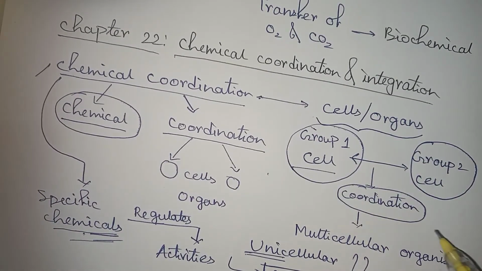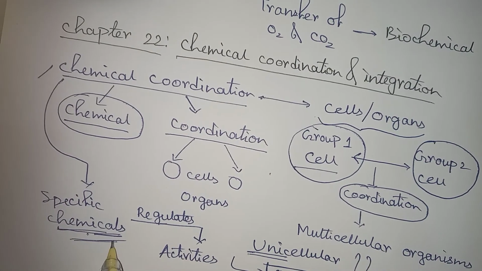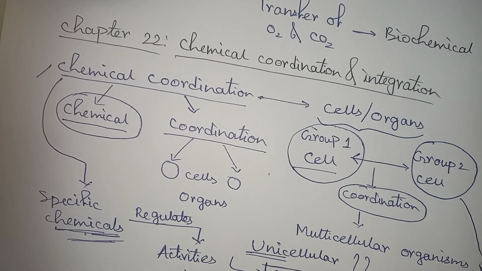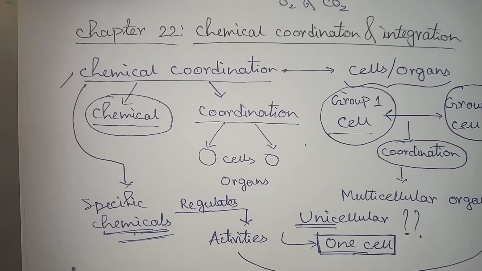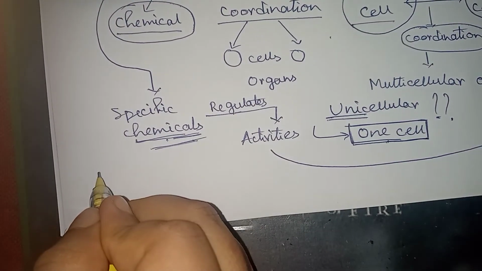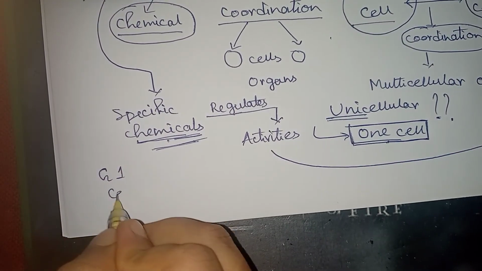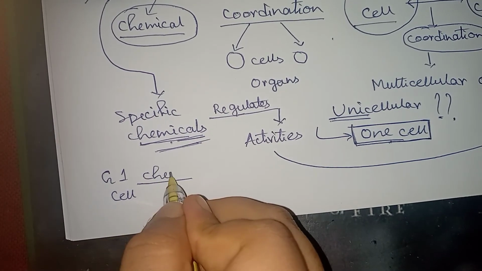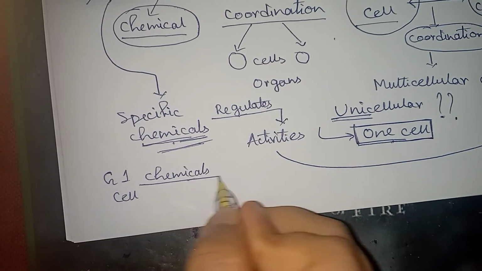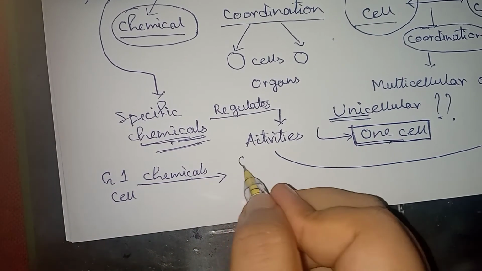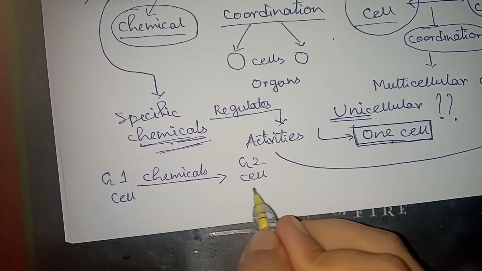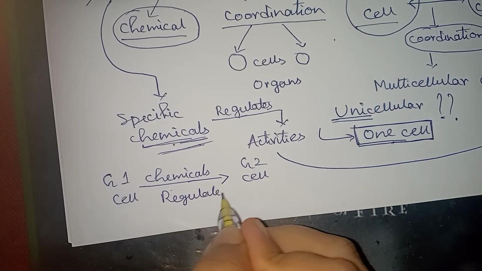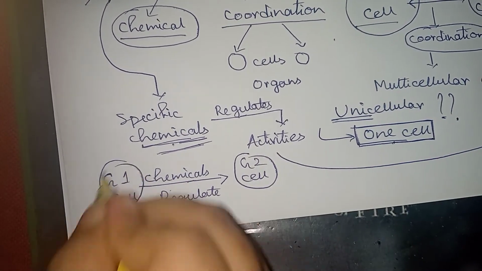So the group 1 cells release specific chemicals, these chemicals reach the group 2 cells, and they regulate the activities of the group 2 cells. Thus, the coordination is maintained.